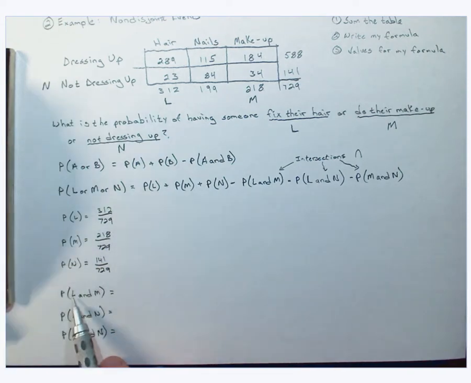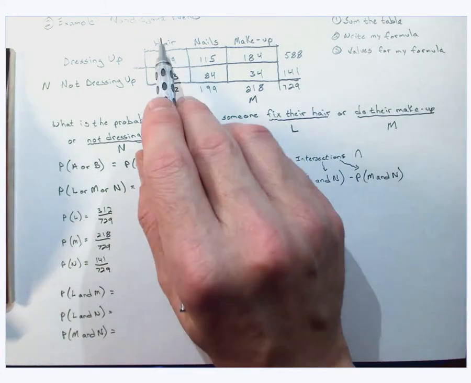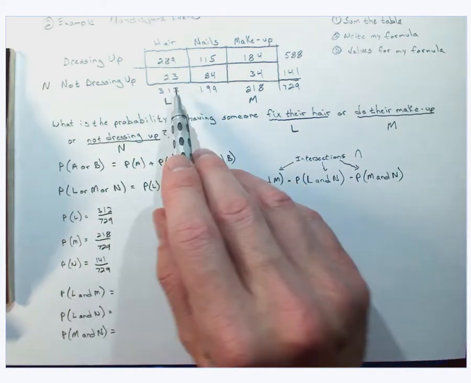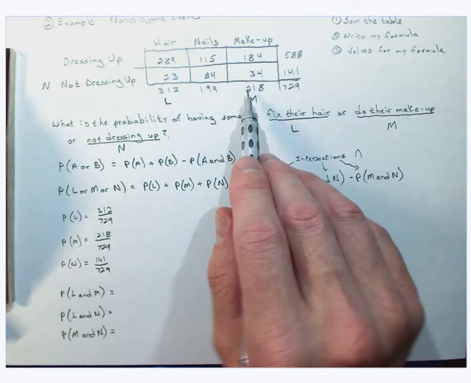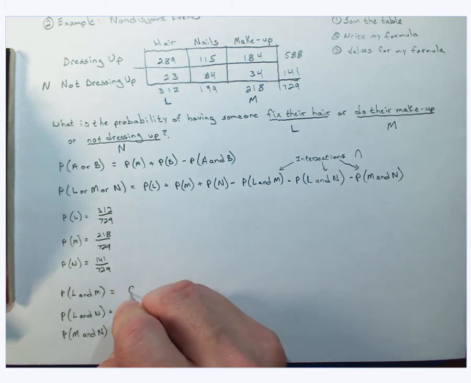So the first one I'm going to look at is L and M. Here's L, which represents hair. Does hair intersect makeup at all? No, there's no intersection. So that value is 0.